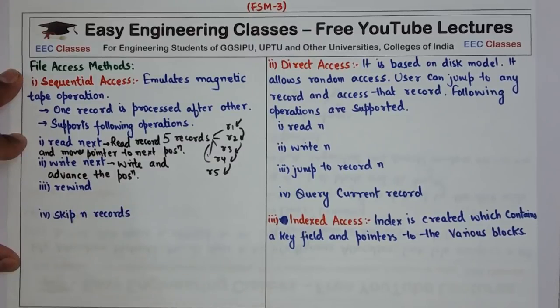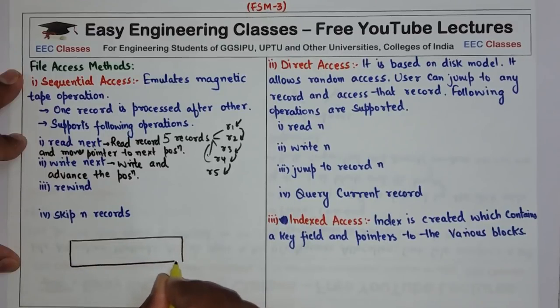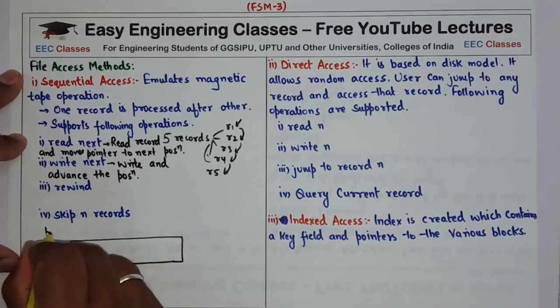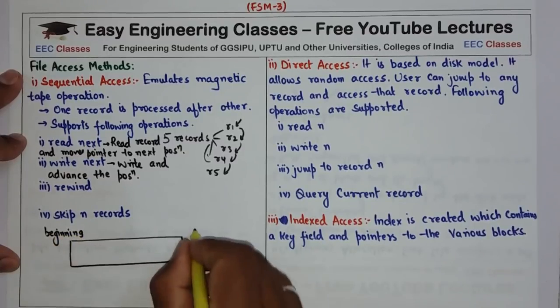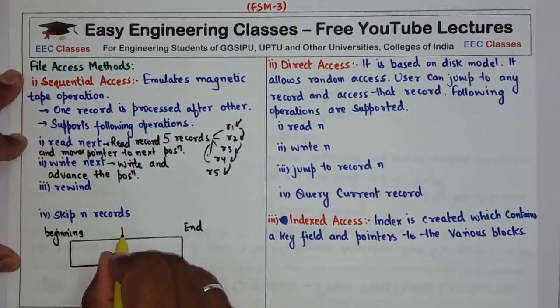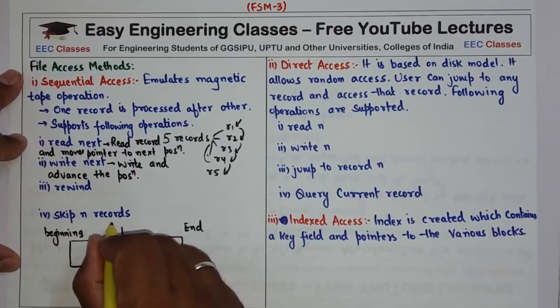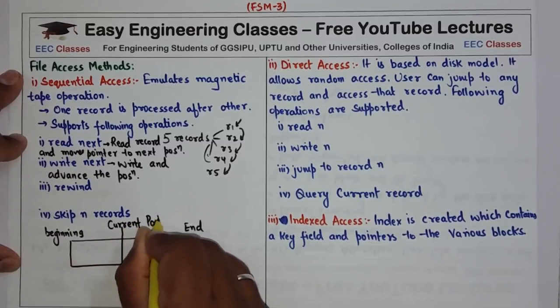Then we have an operation of rewind. Now rewind means, suppose this is a file that we are accessing. This is the beginning of the file and this is the end of the file. And for example, currently we are at this position. So this is the current position.